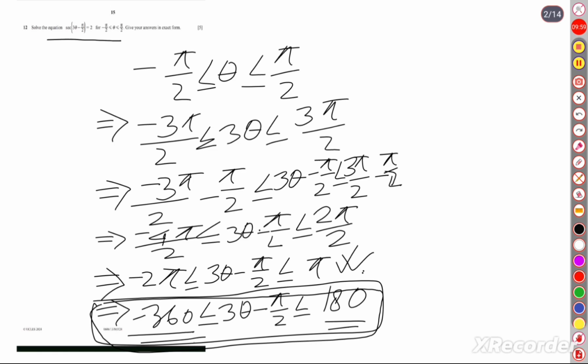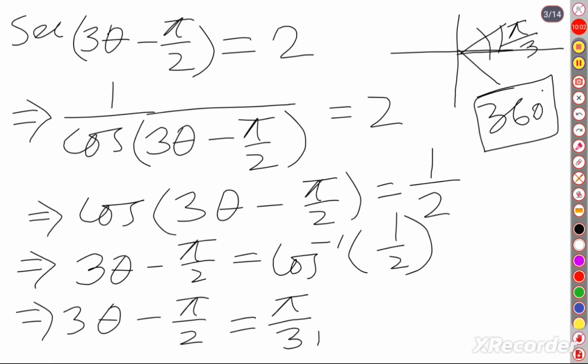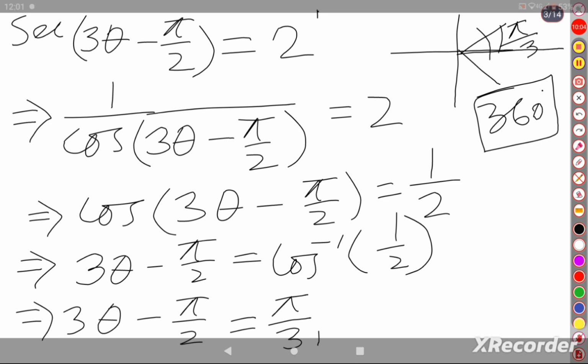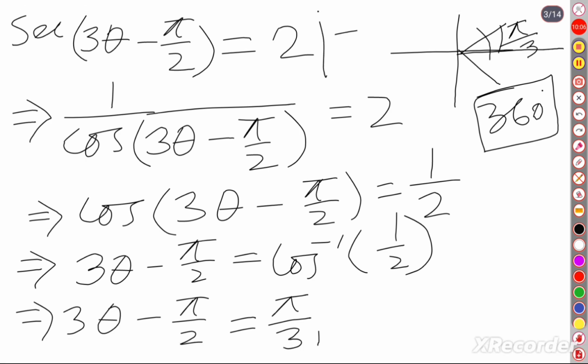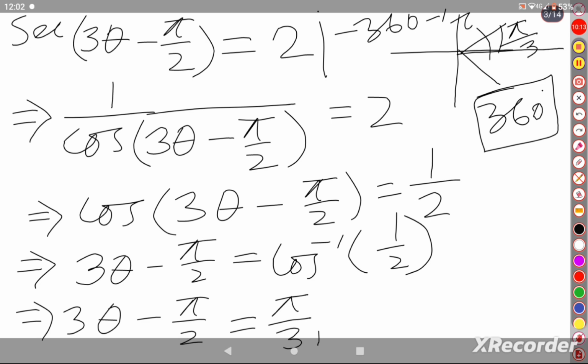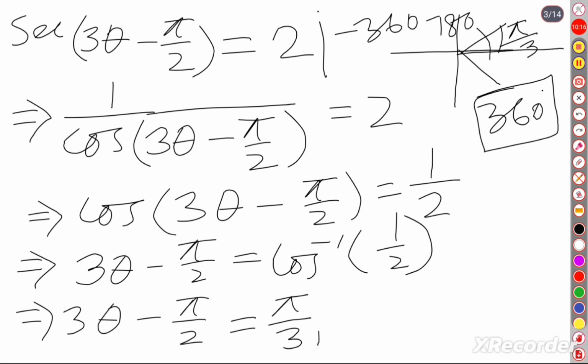So let me write the domain again. Our domain is negative 360 until positive 180. Okay, positive 180. So let me draw the figure over here again.